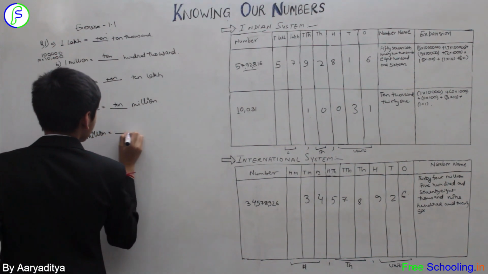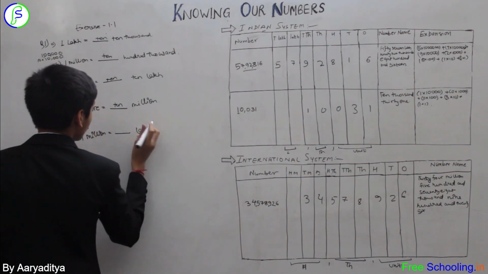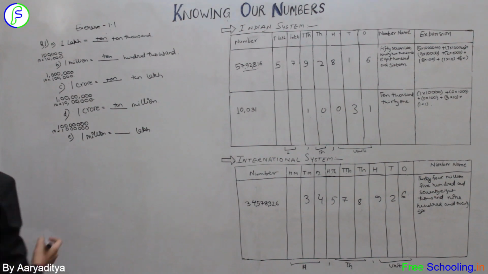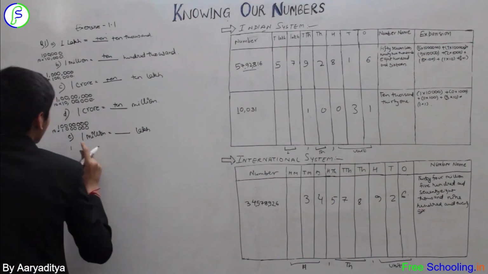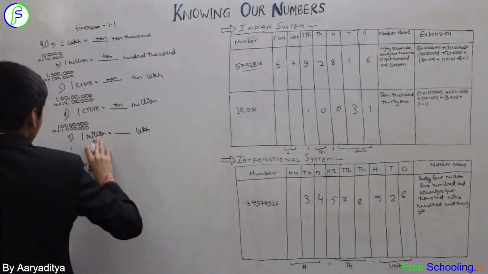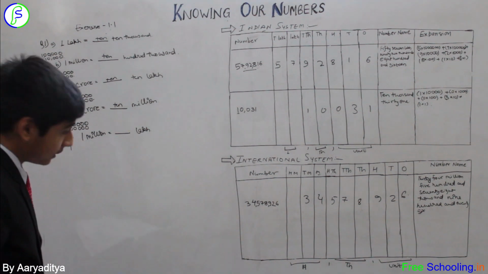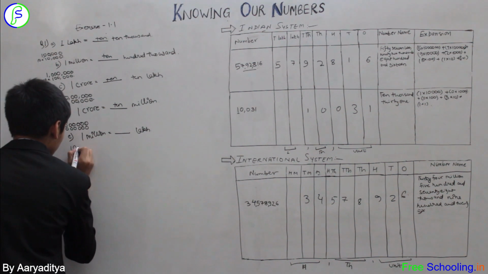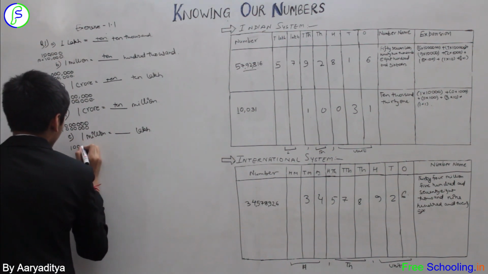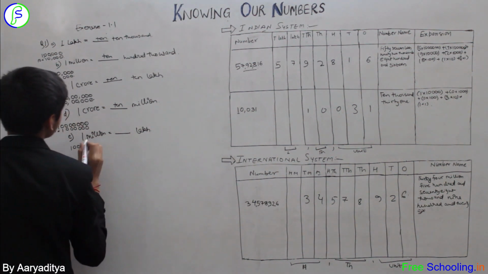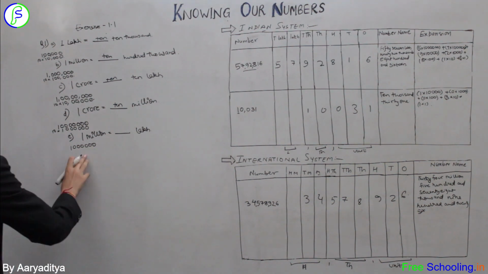E part. What we see in E part is 1 million is equal to dash lakh. Again, numeral form, 1 million. Again, here we see an international system and an Indian system. You may not use the commas. Okay, 100,000 done. So, this is 1 million.